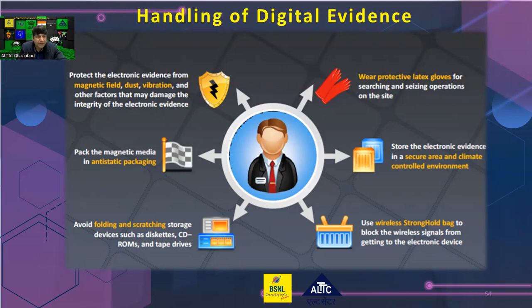Pack the magnetic media in anti-static packaging. Store the electronic evidence in a secure area and climate-controlled environment. Avoid folding and stretching storage devices such as diskettes, CD-ROMs, and tape drives. Use a wireless stronghold bag to block wireless signals from reaching the electronic device.